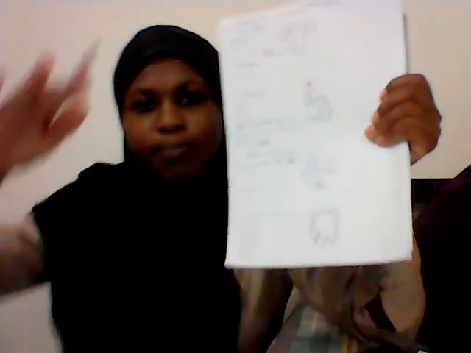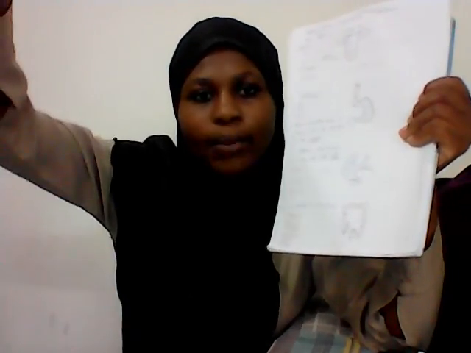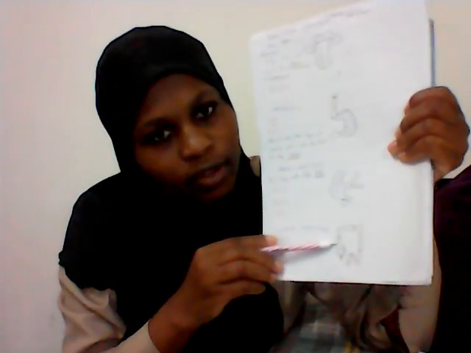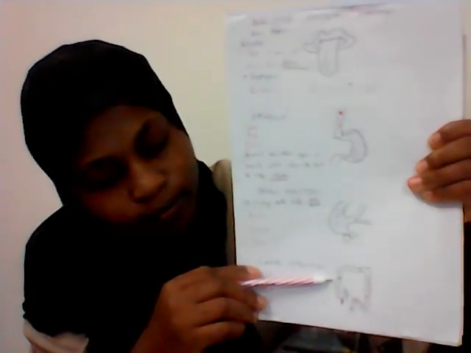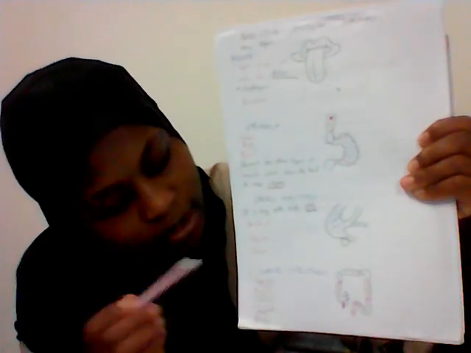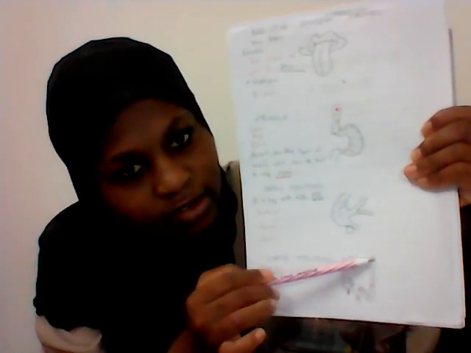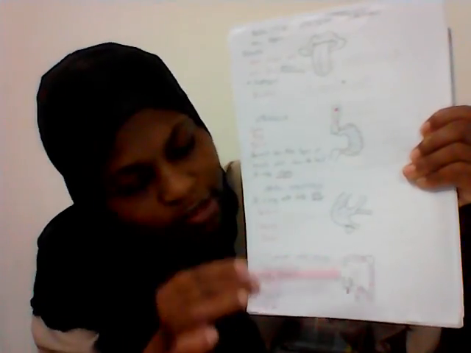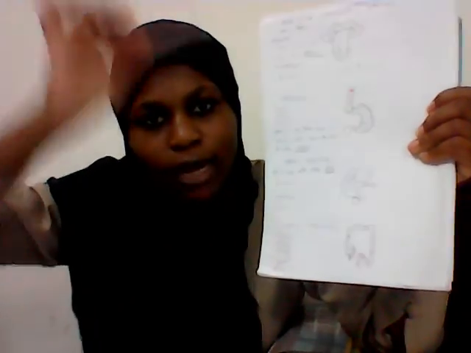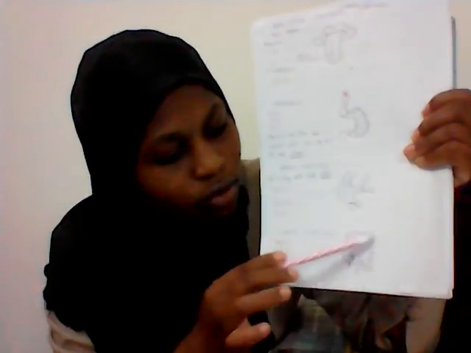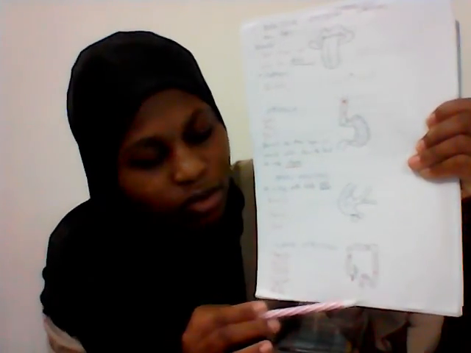Ascending means from down to up. The food goes up, and from ascending it goes transverse, which is across. It moves across like this, and from across it goes descending. Descending means from up to bottom.